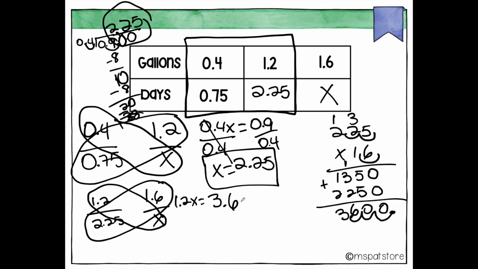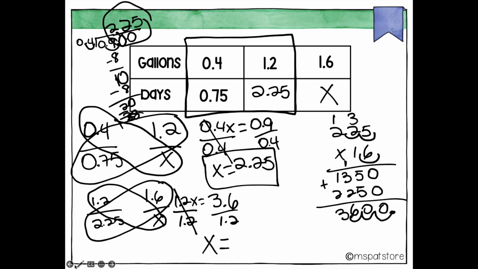But I am not done yet because I have 1.2 as an intruder that I need to cancel out. As 1.2 is multiplying my variable, I need to do inverse operation, which is division. So I'm going to divide by 1.2 and divide by 1.2 as well. Now I can cancel these out.